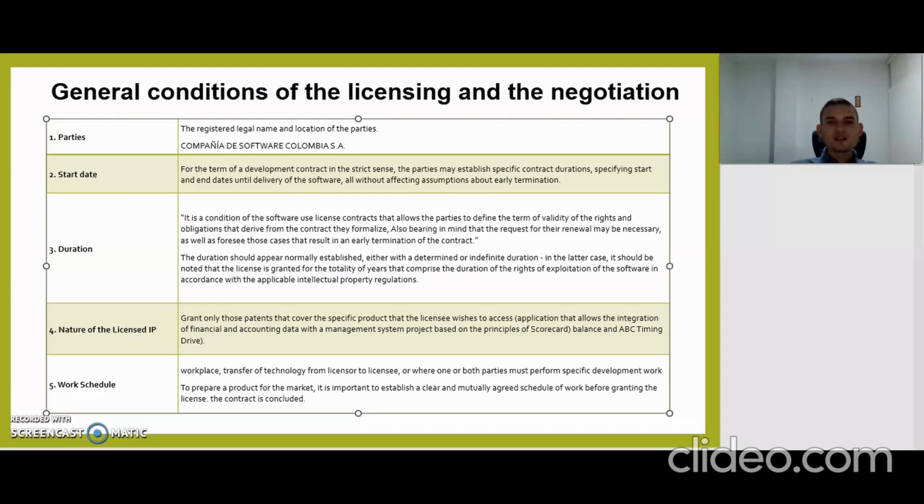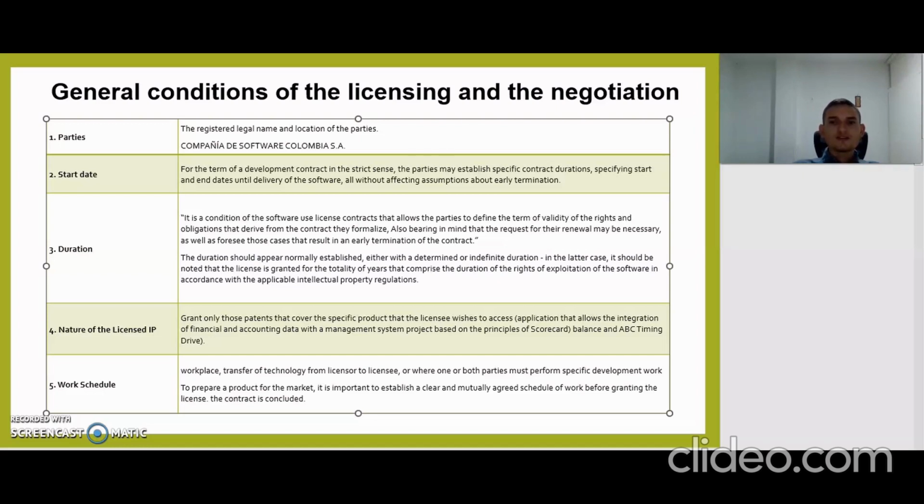The following item is the start date. For the term of a development contract in the strict sense, the parties may establish a specific contract duration and specific start and end dates. The following item is duration. The duration shall normally be established as determinate or indefinite.